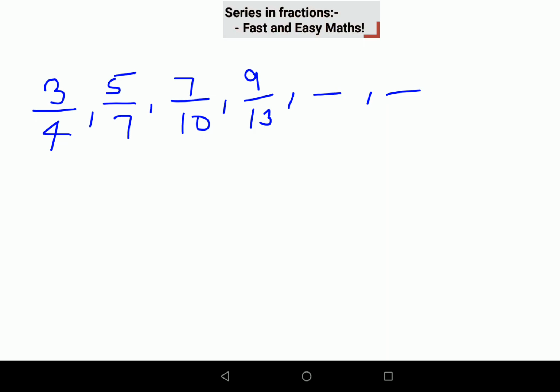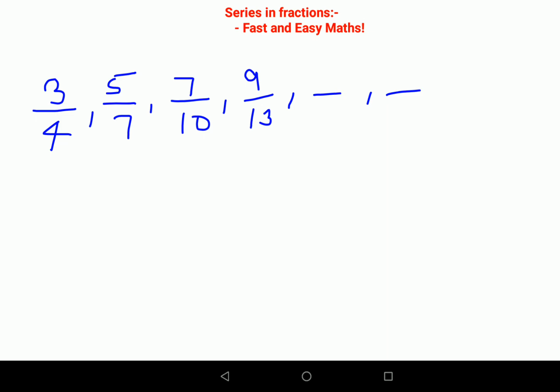So now understand, when you have a numerator and denominator, normally what we do is we try to separate the two, but not every time it works, though in most cases it works.